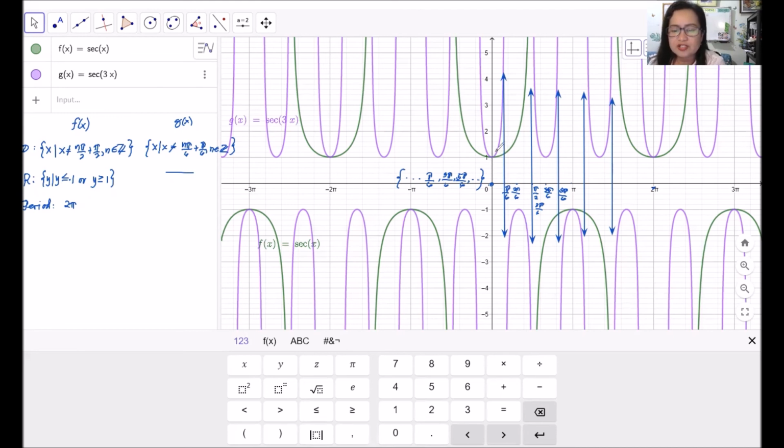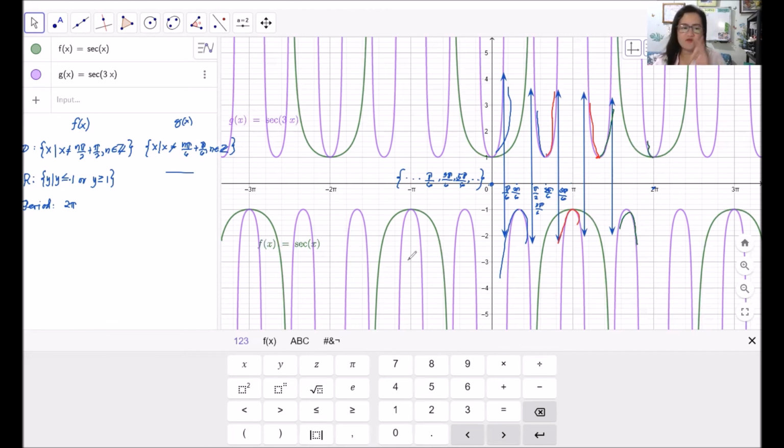So let's trace. So we have one set. Then another set, I'll use a different color. So here and here, another set. Okay, so from this point, from here, then here, and here.